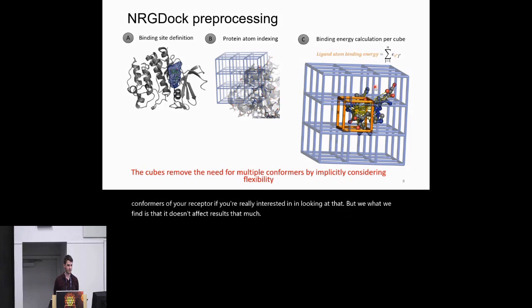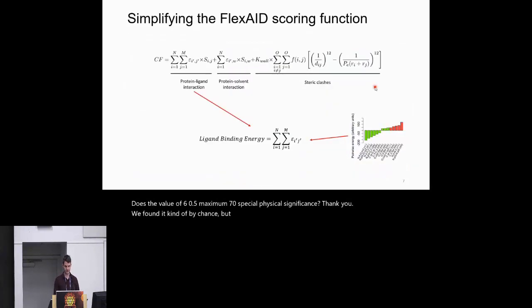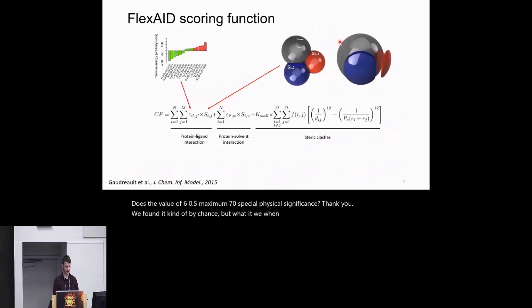Does the value of 6.5 angstroms have any special physical significance? We found it kind of by chance, but when we calculated the surface area in contact, we take the van der Waals radius of the atom of the ligand and the protein, as well as the radius of the solvent. In this case, we use the solvent as water.